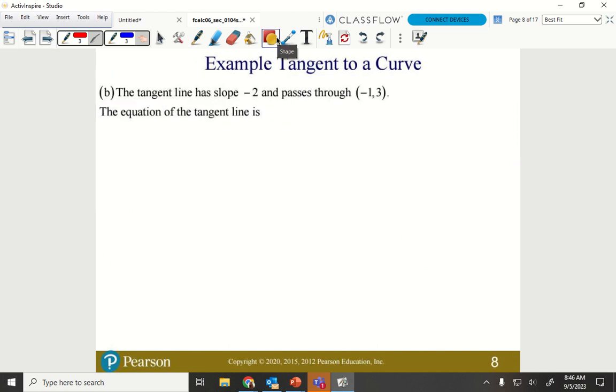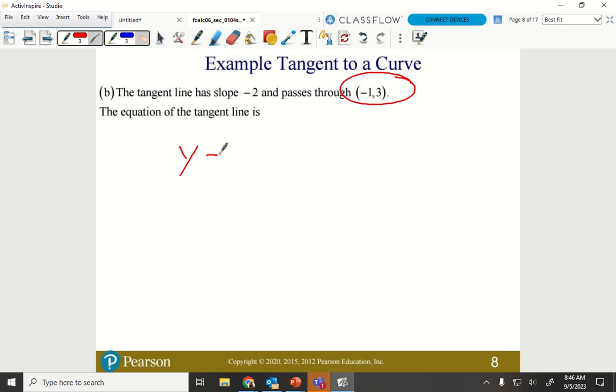So for this next one, the tangent line's slope is -2 and it passes through that point. Now the equation of a tangent line, we have a point and a slope, don't we? This here is a point. That one is a slope. So what formula should we use? Point slope. Very good.